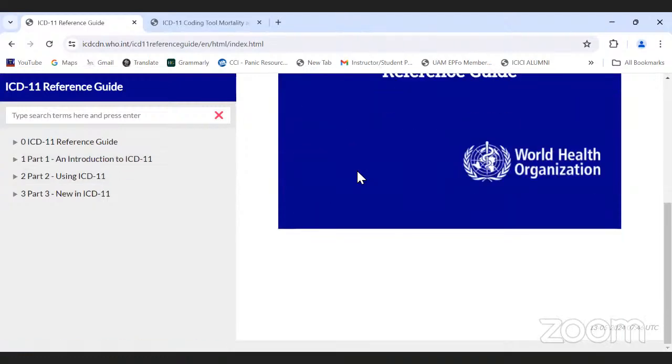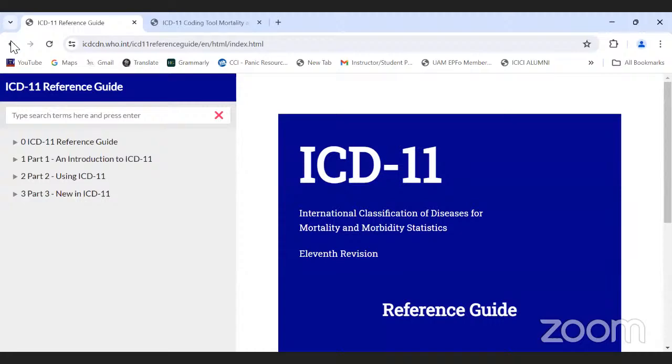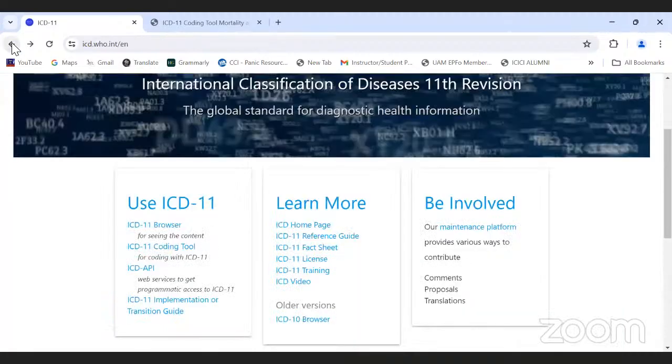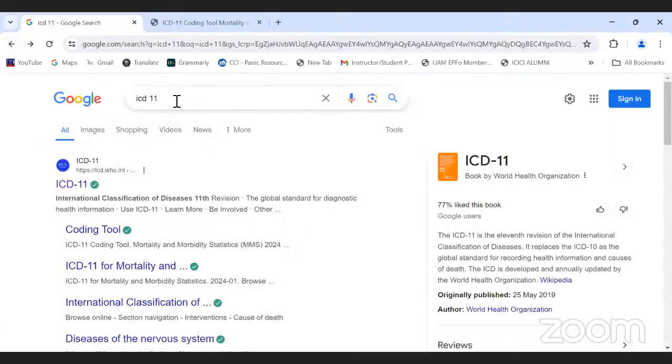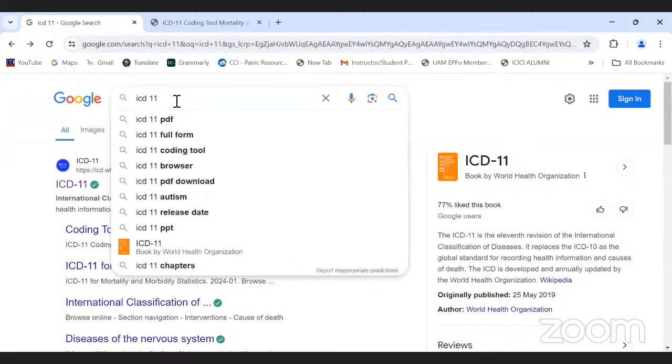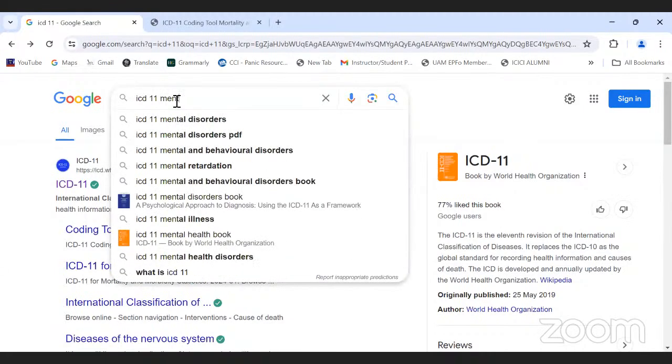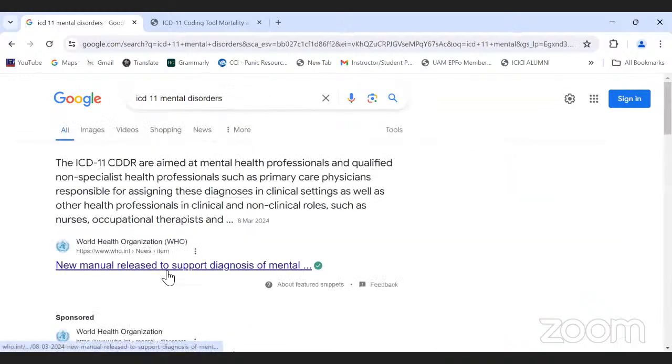You don't have to click pictures, just go on the internet and you can access ICD-11, I mean to say.